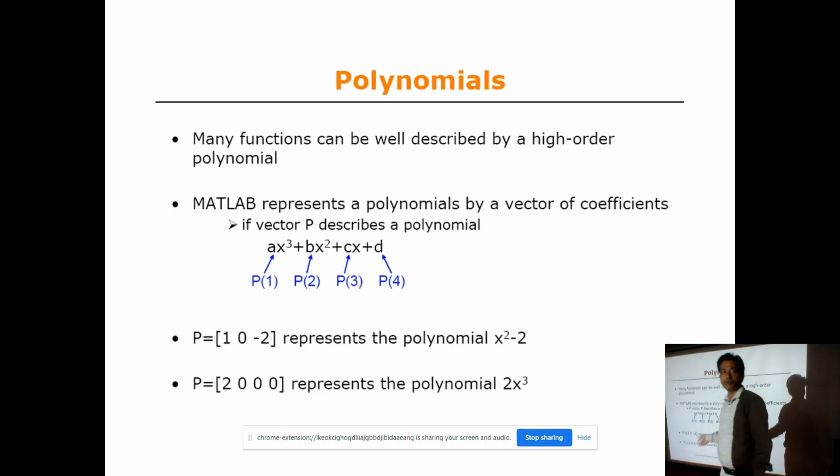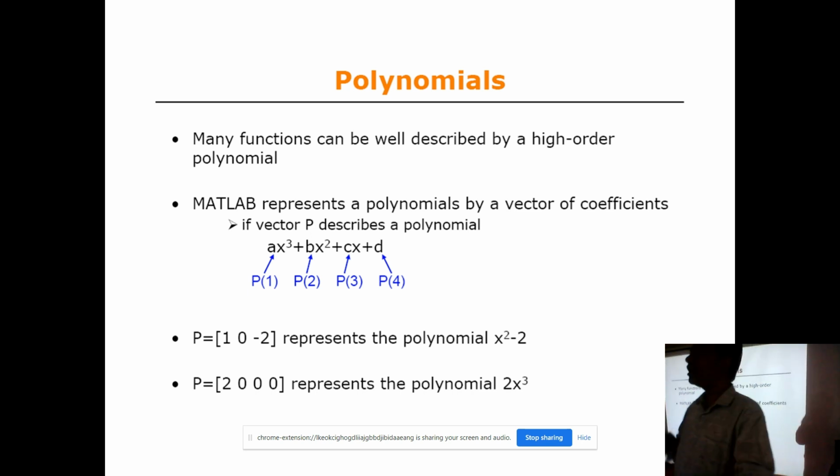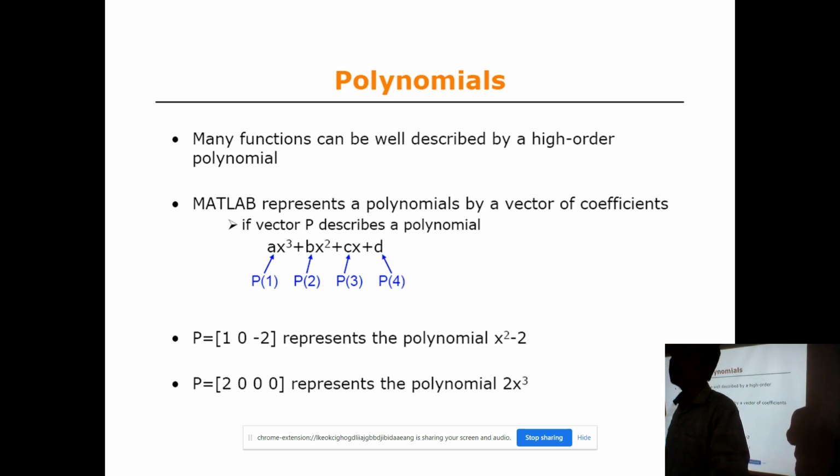Now look at the polynomial which I have given here: ax cube plus bx square plus cx plus d. If I want to represent this, MATLAB is user friendly and it always saves variables in the form of vectors.